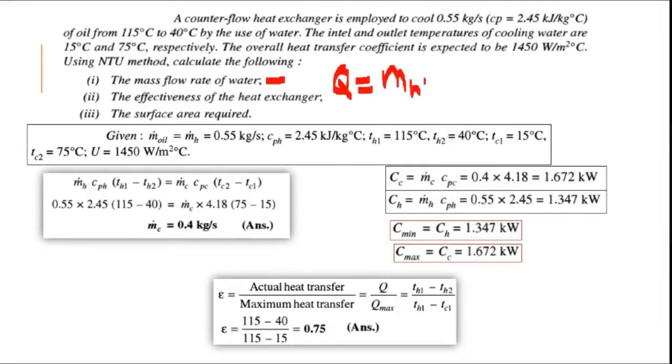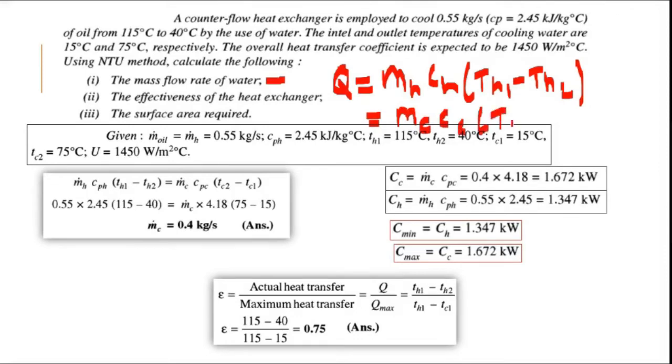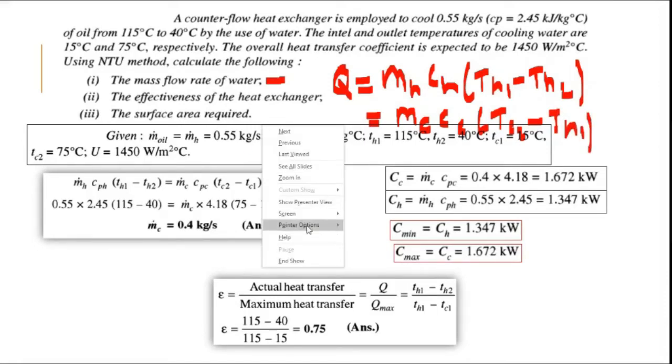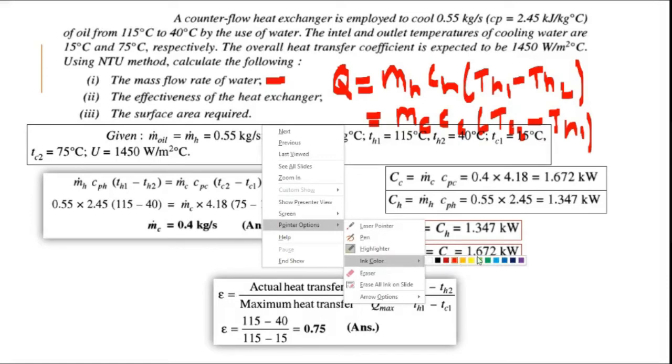Heat transfer is given by mH cH (TH1 minus TH2), same is equal to mC cC (TC2 minus TC1). These are the two formulae for heat transfer which we have. We also know that this rate of heat transfer is equal to U A theta m.